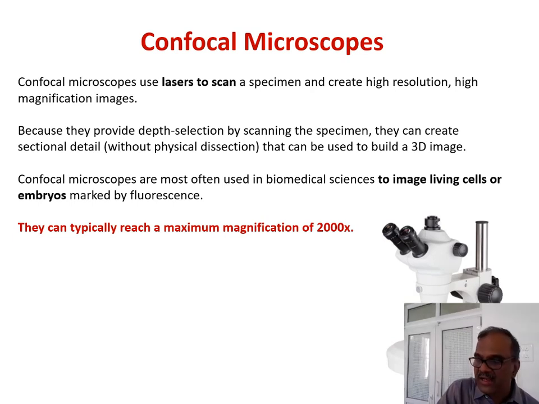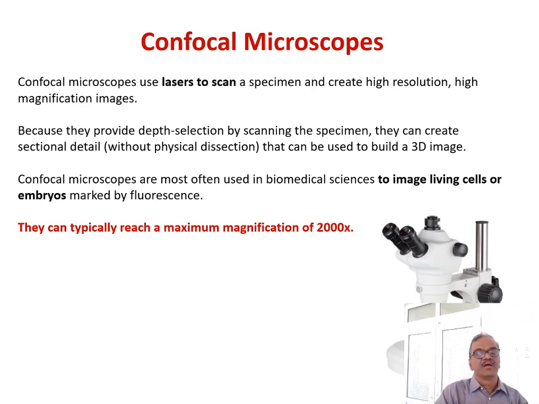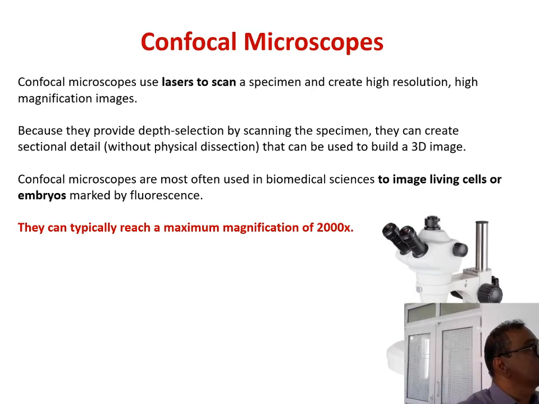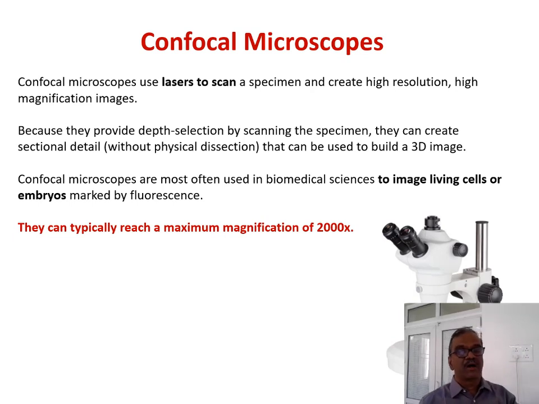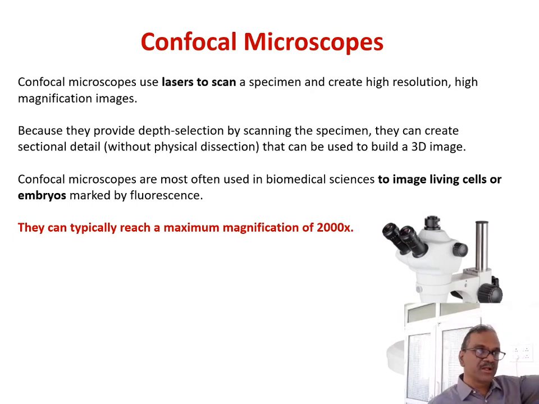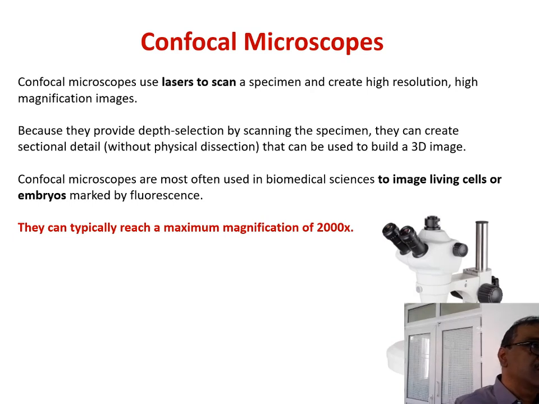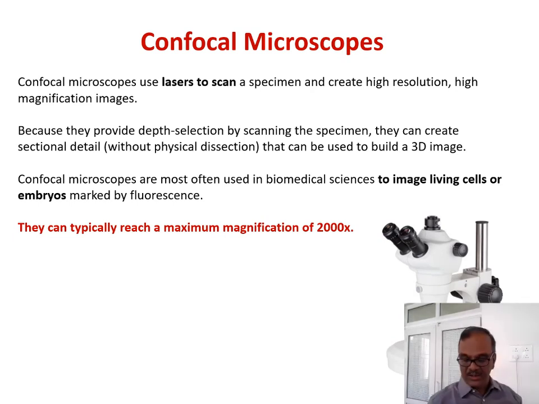And here you can observe living cells, okay, or embryos marked with some fluorescent dyes. Okay, here they can reach up to a magnification of 2000x. Up to that, in all the optical microscopy, what is the x magnification possible? 1000x. So here an improvement, okay, 2000x.